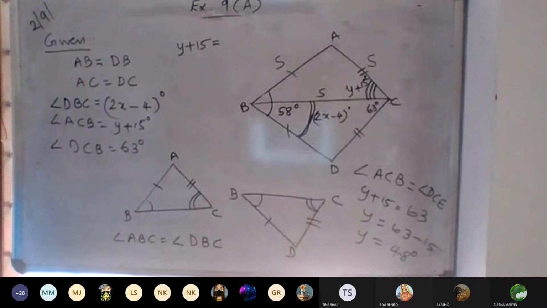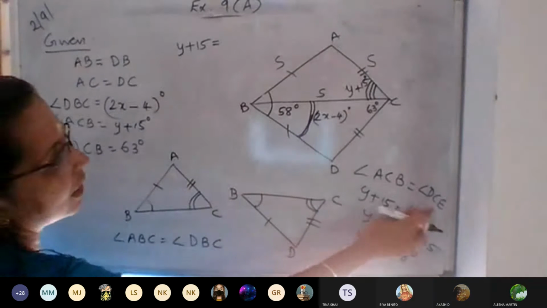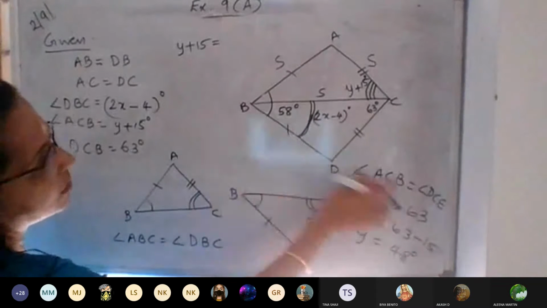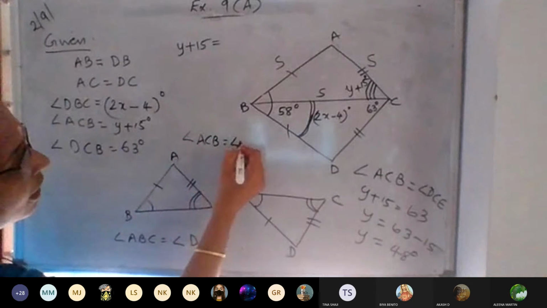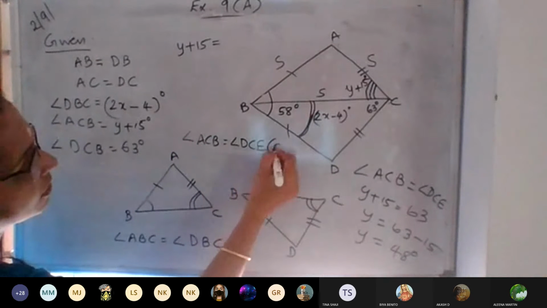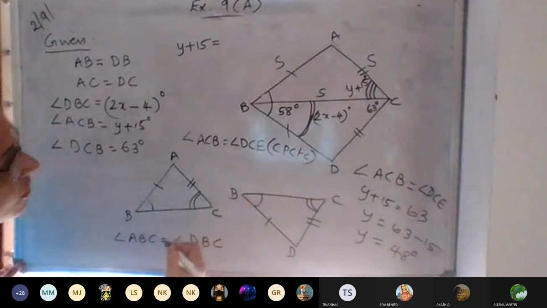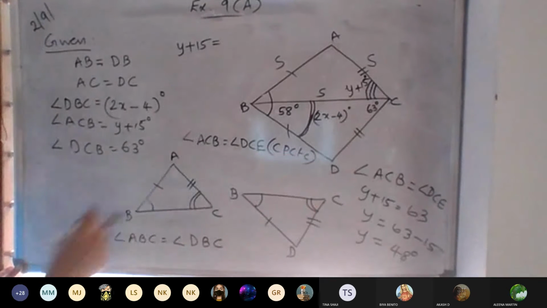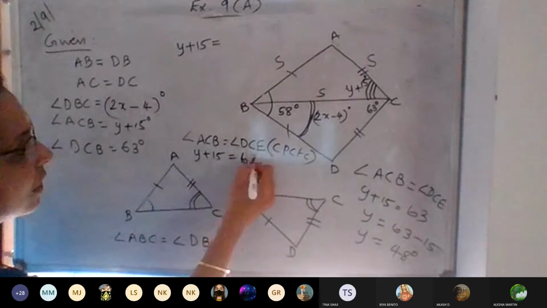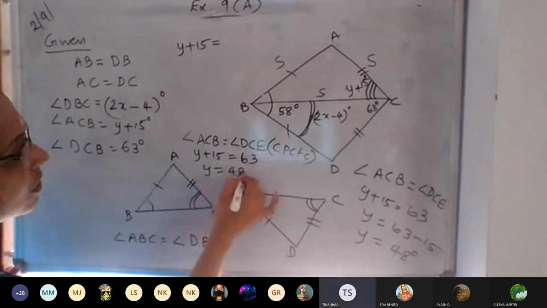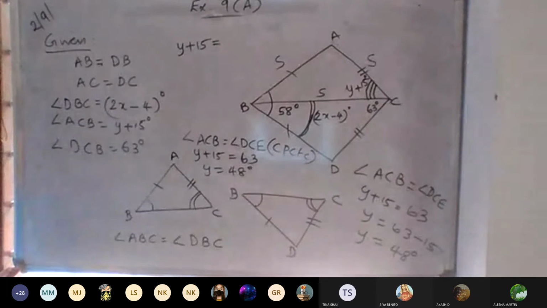So right now, angle ACB is equal to angle DCB. CPCTC, corresponding parts of congruent triangles are congruent. So instead of angle ACB, we can replace it as y plus 15 is equal to 63. So y is equal to 63 minus 15, which is equal to 48.